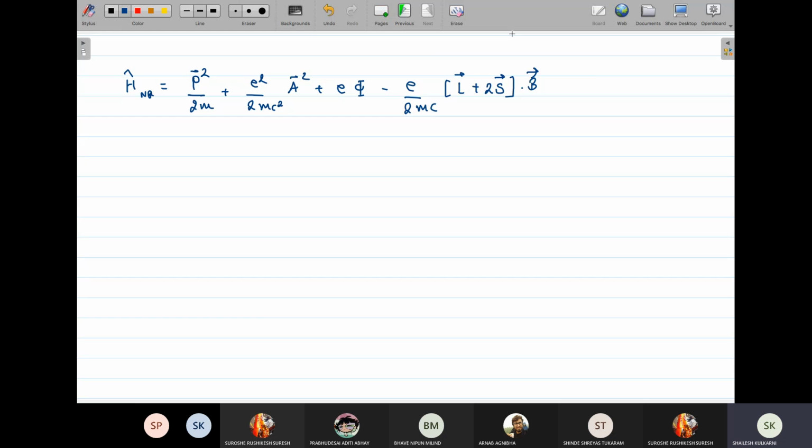Now, what does this interaction term tell you? See, suppose I have a current loop in a magnetic field.